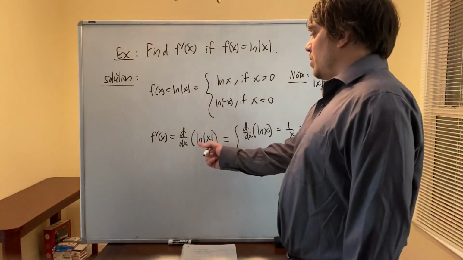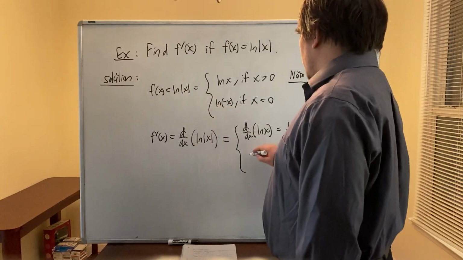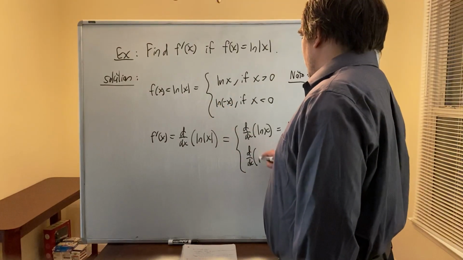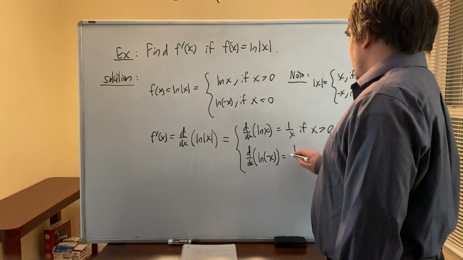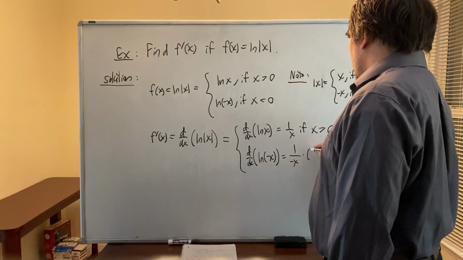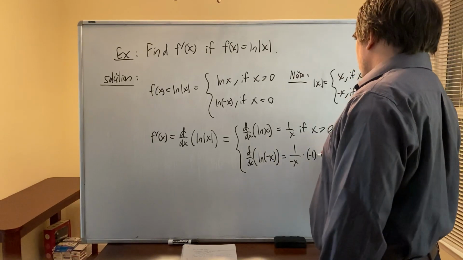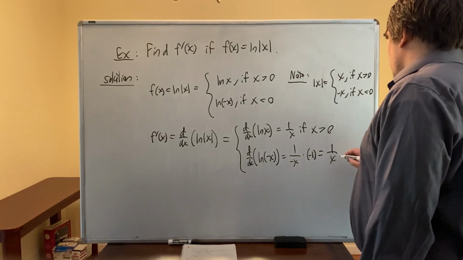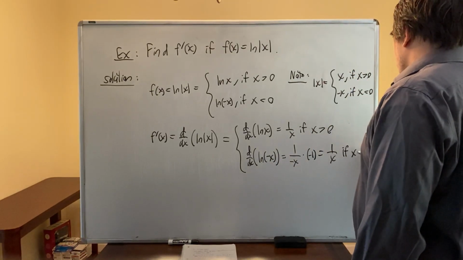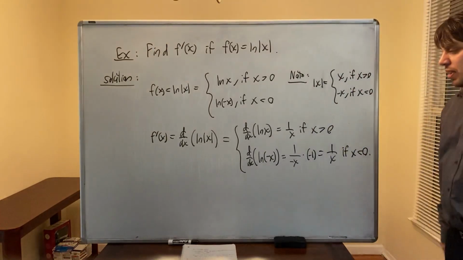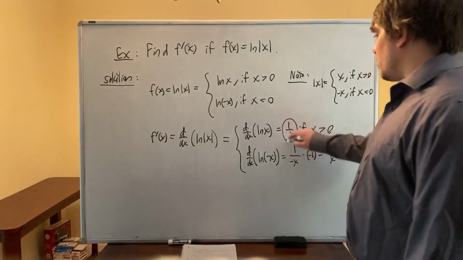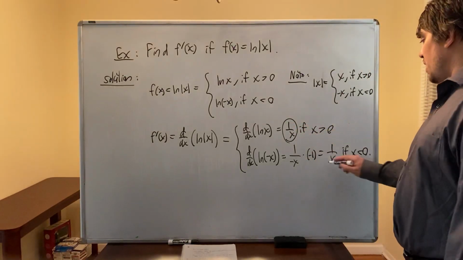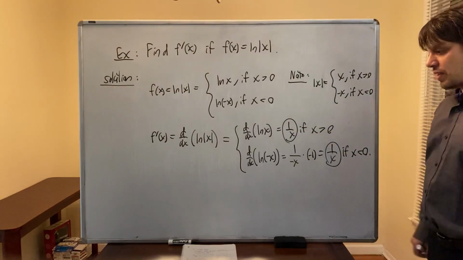Now, the derivative of ln of absolute value of x is equal to the derivative of ln of negative x if x is negative. Well, that's 1 over negative x times the derivative of negative x, which is negative 1. And that's also 1 over x, and this is if x is negative. Okay, so the derivative, f prime of x, is equal to 1 over x if x is positive, and it's also equal to 1 over x if x is negative.